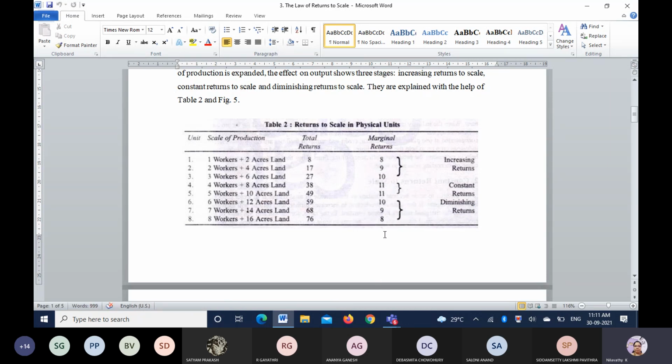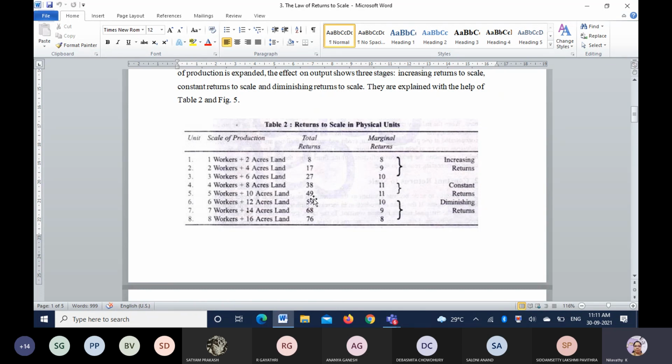From these marginal returns, we can identify whether it is increasing returns, constant returns or diminishing returns. Here you can see the marginal values are increasing, so we call it increasing returns. When the marginal values are the same, we call that constant returns. When the marginal value is declining, we call it diminishing returns.